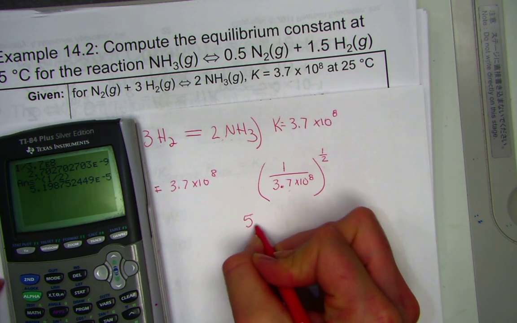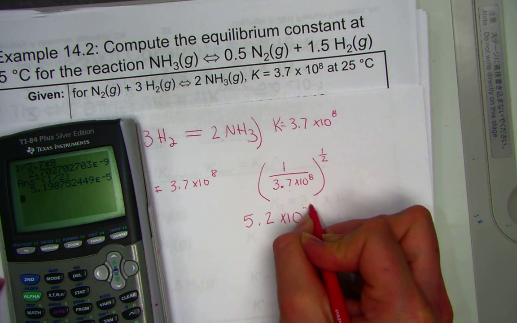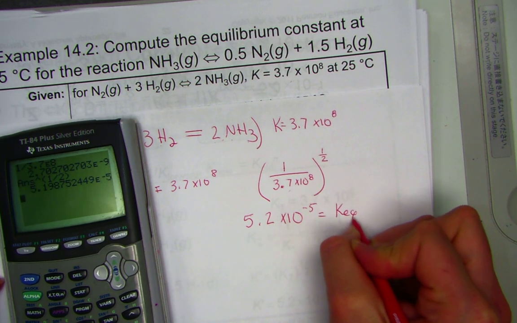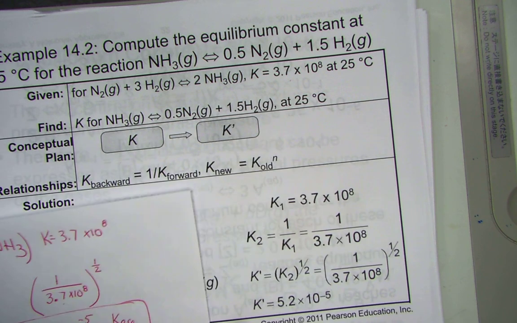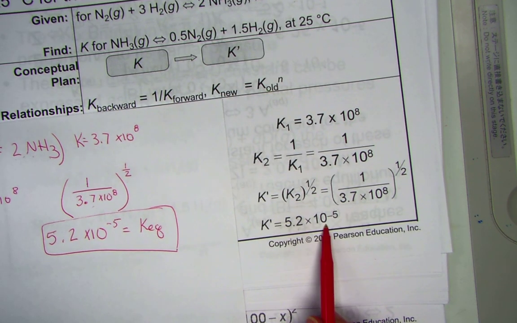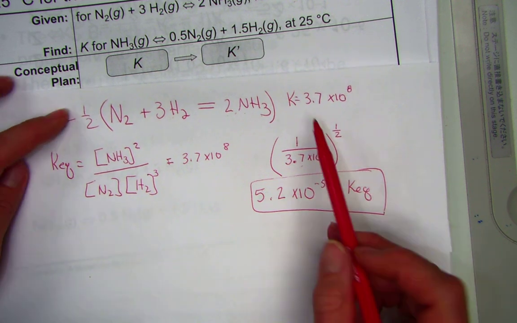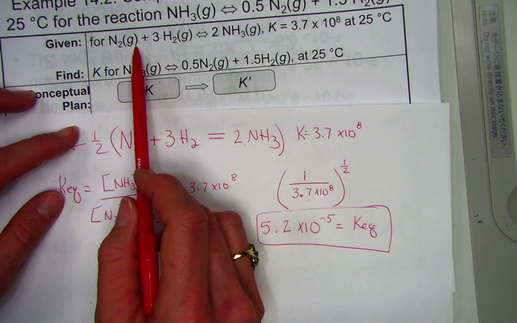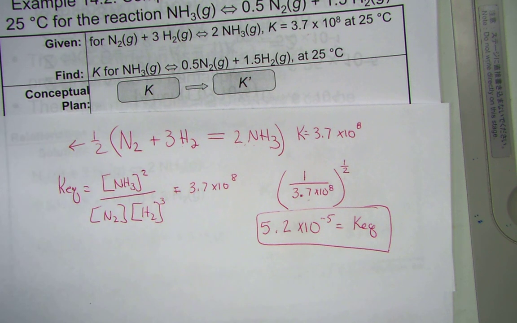We get an answer 5.19, I'll say 5.2 times 10 to the negative 5th is the new equilibrium constant for the target equation. 5.2 times 10 to the negative 5th power, taking the reciprocal, raising it to the 1/2 or square rooting, whatever you wanted to do, gives us the new value for our target equation.